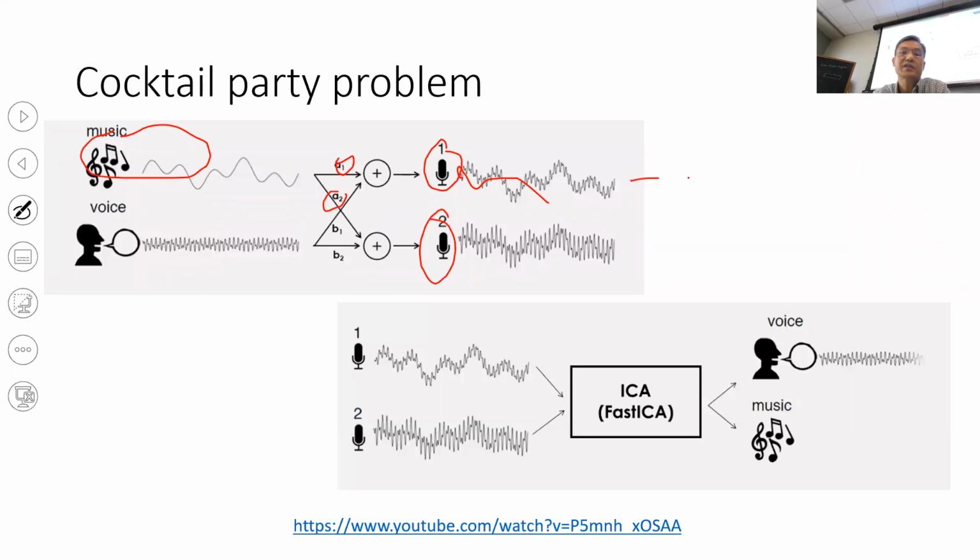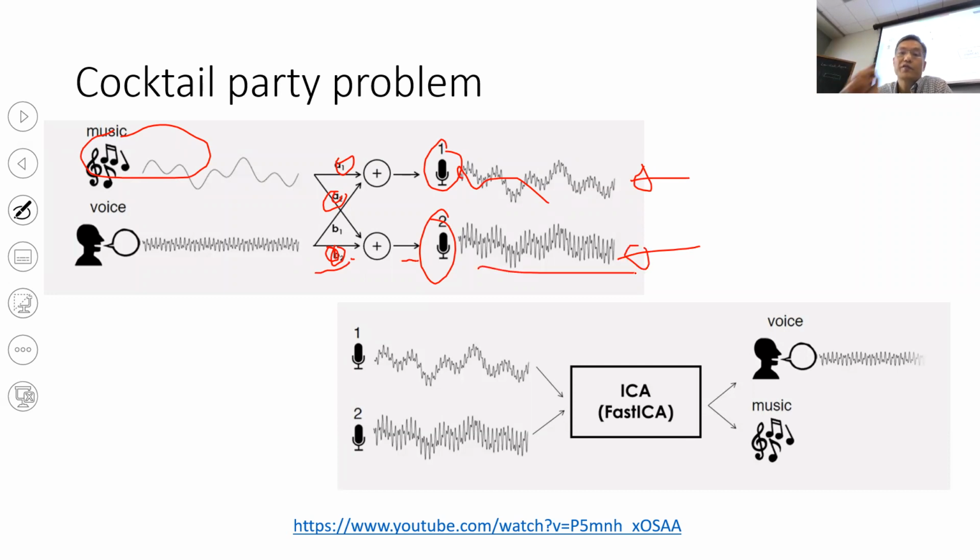So you get a synthesized mixture signal, looks like that. For the two microphones, you get A from the background music and B from the person who speaks, and then the mixture signal looks like that.